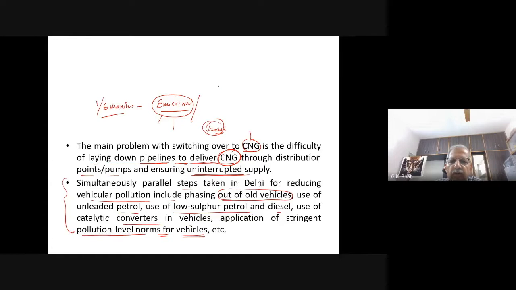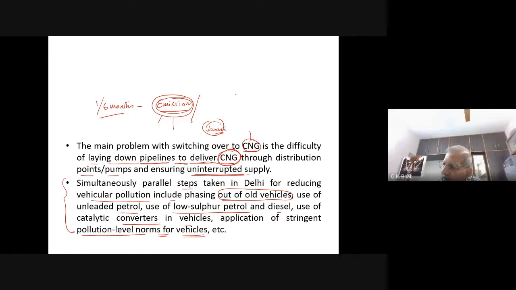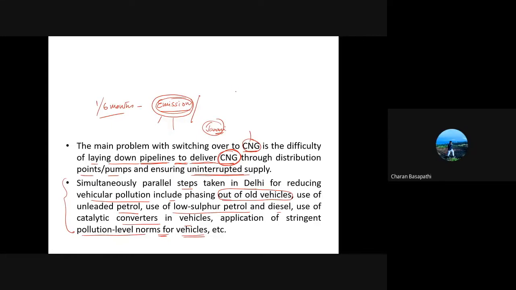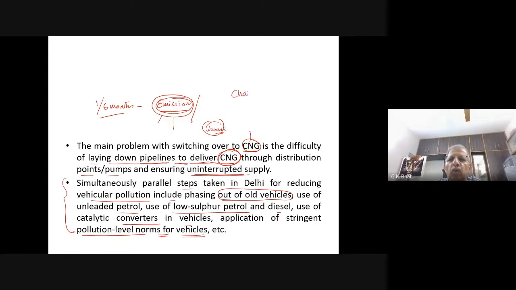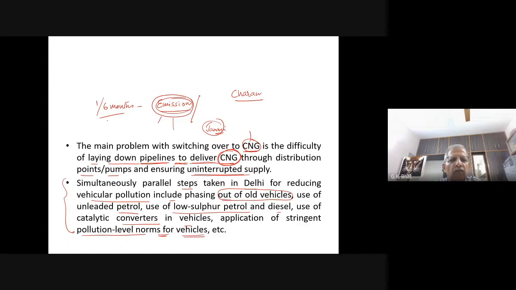Siddesh, Vishwas, is it that once in 3 months the emission test has to be done, or once in a year? Charan says 6 months. Which bike do you have? Scooty, sir. Yes, Charan is correct. Once in 6 months, you have to go for an emission test.